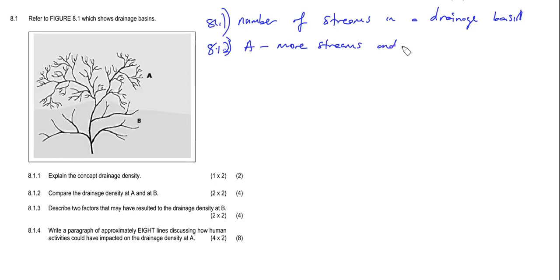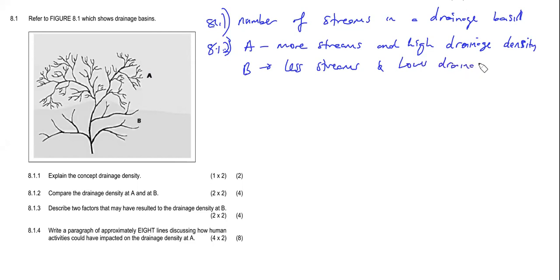And at B, there are fewer streams, low drainage density.